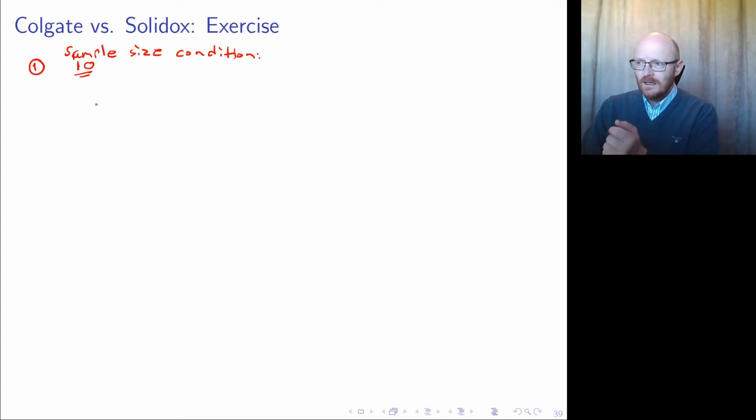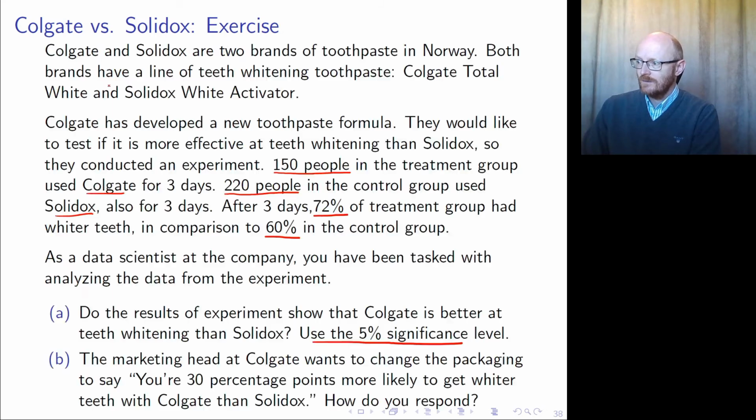From the top of our heads, we see that 72% got whiter teeth. That's 72% of 150 people, which is more than 10, and 28% did not get whiter teeth from the Colgate group.